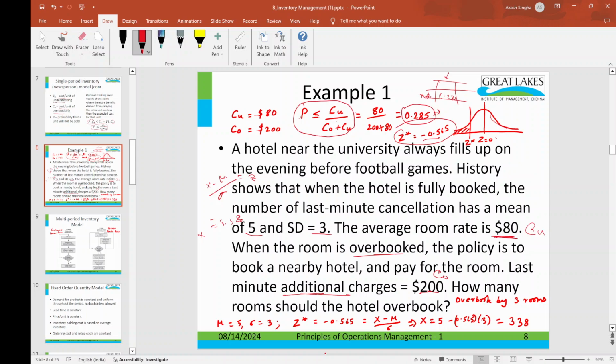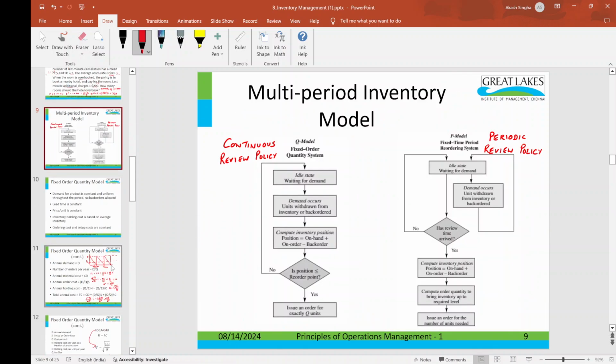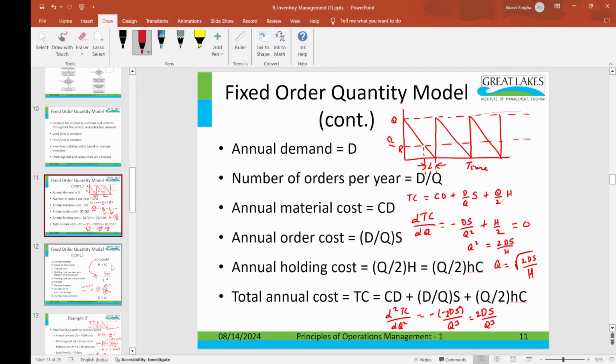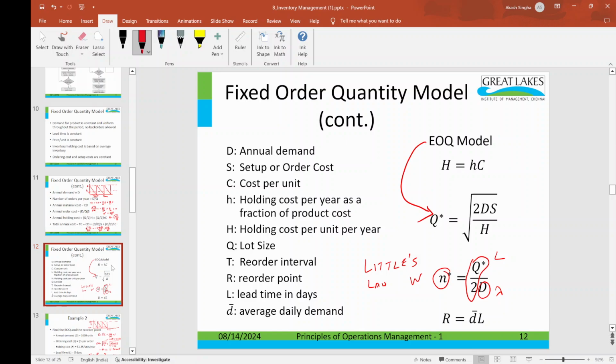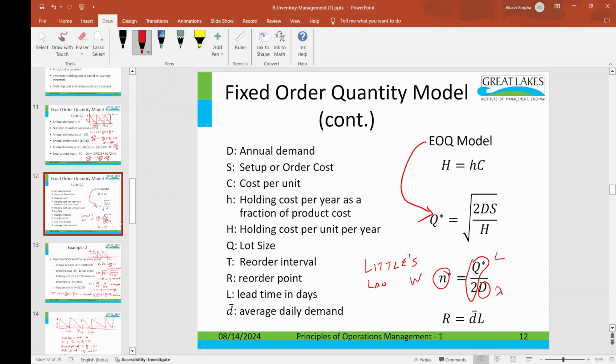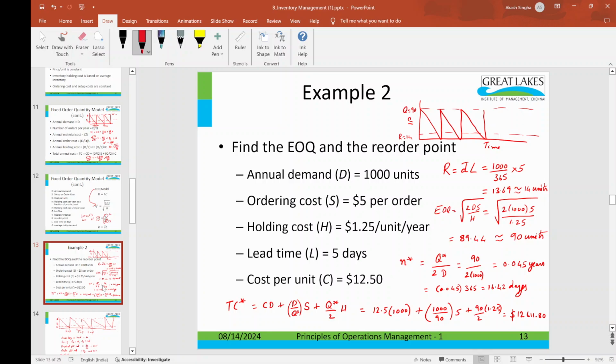So just lower it down and the answer will be 3 rooms it should book. Now, yeah, these things were there. I'll not go into how this formulas came. It was too complicated to understand.